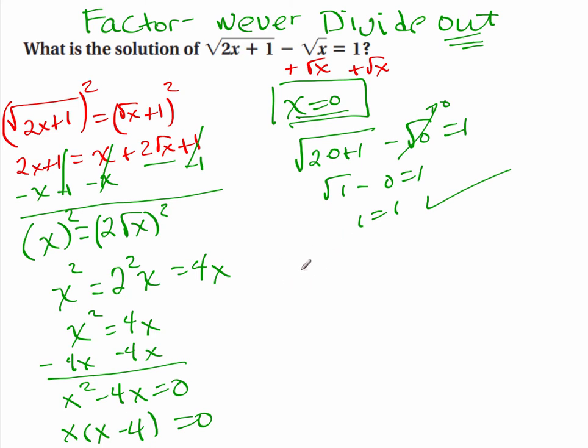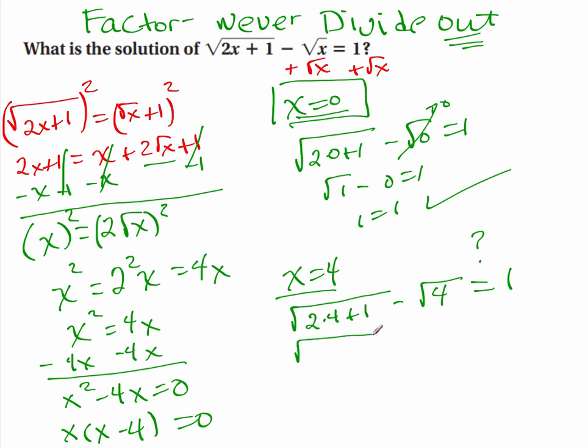Let's check x equal to 4. All right, so this is going to be the square root of 2 times 4 plus 1, minus the square root of 4. Does this equal 1? I don't know. The square root of 8 plus 1 is the square root of 9.